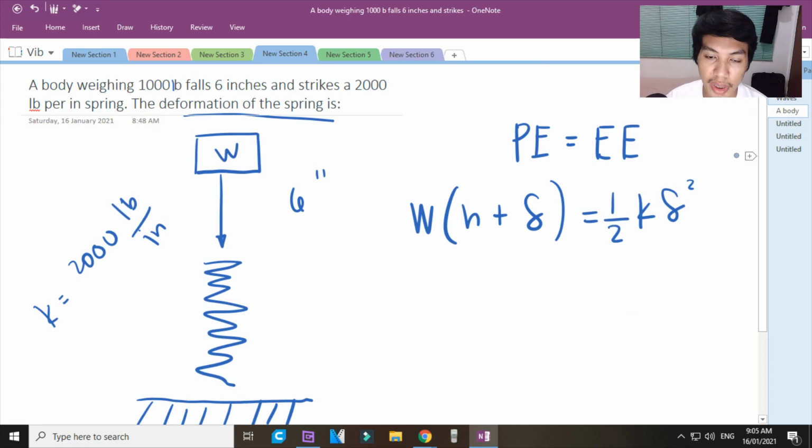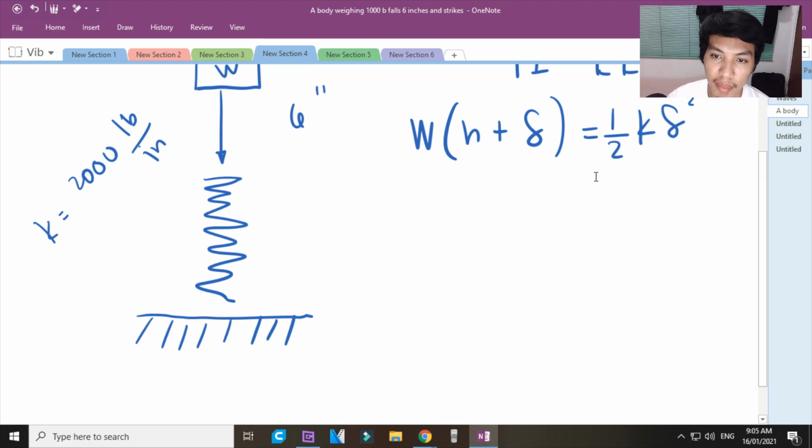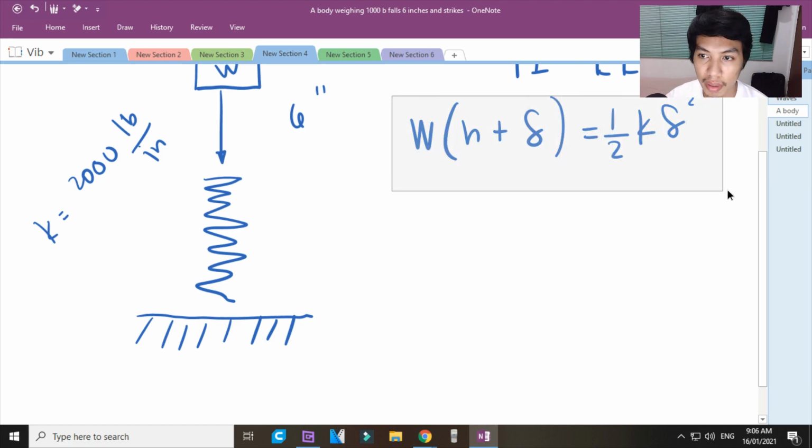So, that is the weight, which is 1,000. Copy natin.